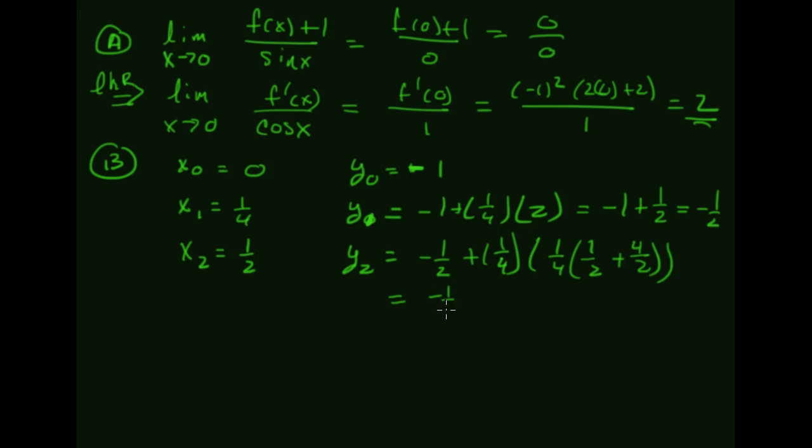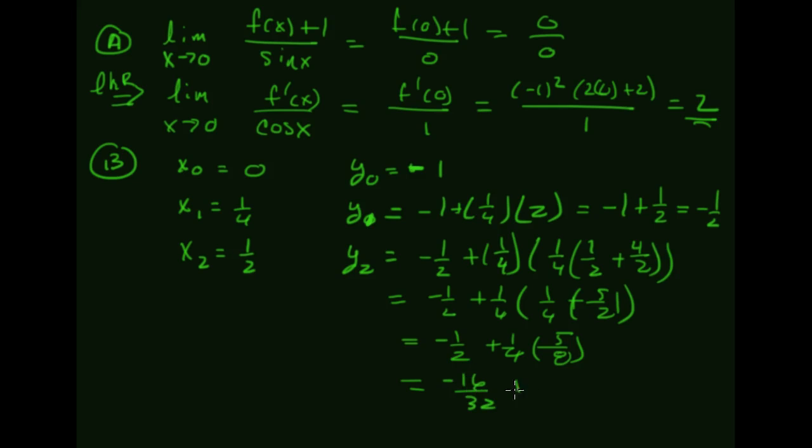So this is -1/2 plus a 1/4 times 5/2, which is -1/2 plus a 1/4 times 5/8. Let's see, so this is going to be -16 30-seconds plus 5 30-seconds gives me -11 over 32. Final answer by Euler's method.